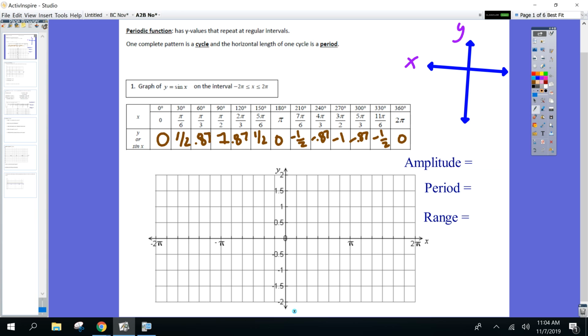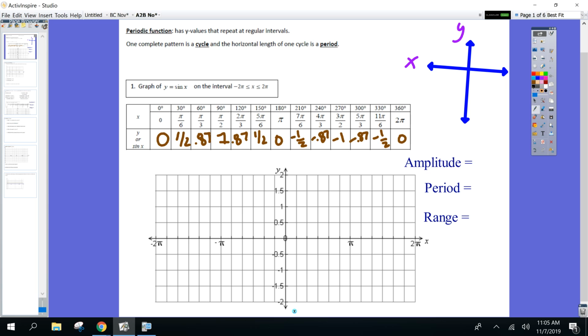And when you're done, just take a look up here, make sure our values all match. So are we all set to graph together? All right, at 0, what was the y coordinate? 0.